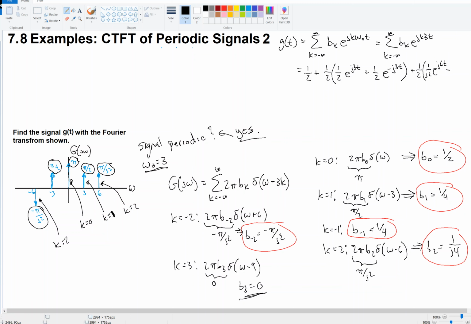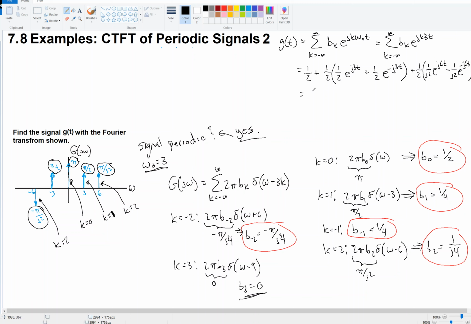The -2 term, b minus 2, right? b minus 2 is minus pi over j4. This should have been j4. So you can go back. I'm sorry about that, but that should have been j4. And so we've already factored out a half, so this becomes 1 over j2 e to the minus j6t, like this.